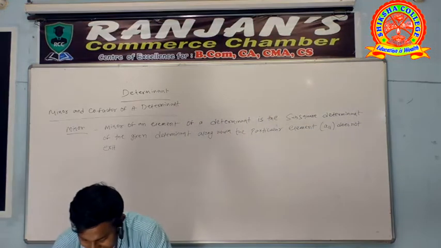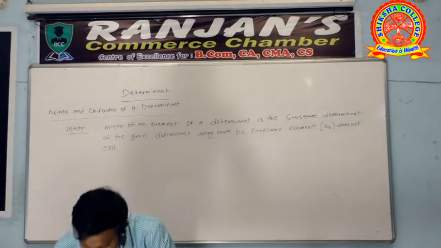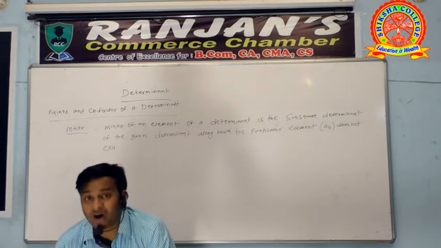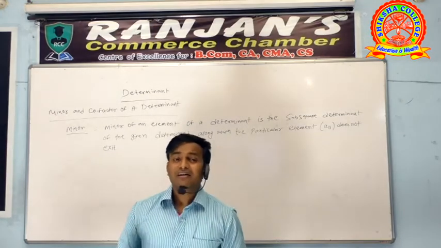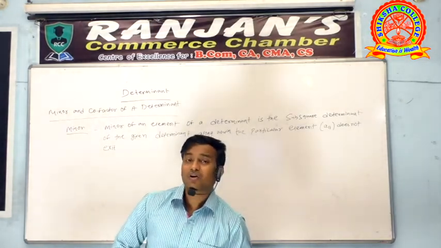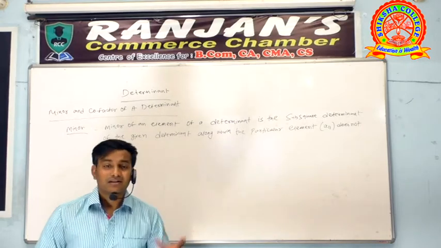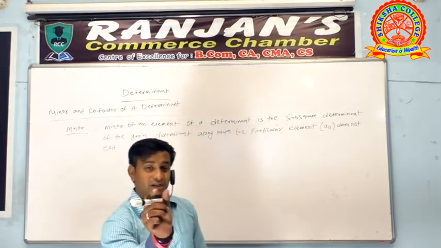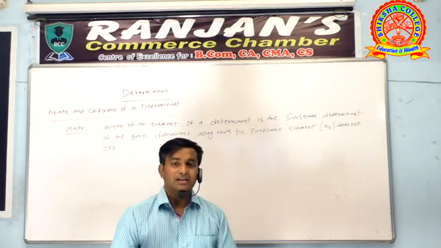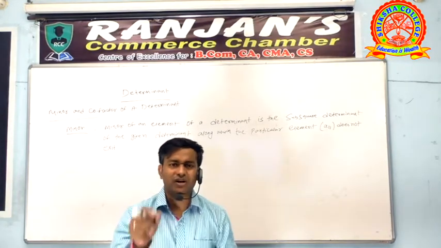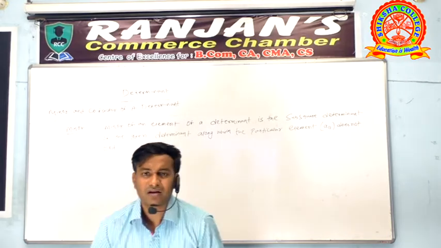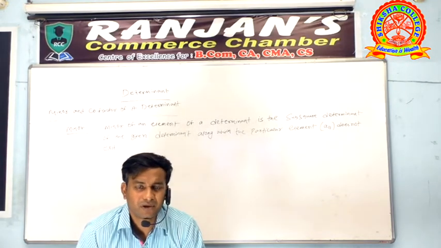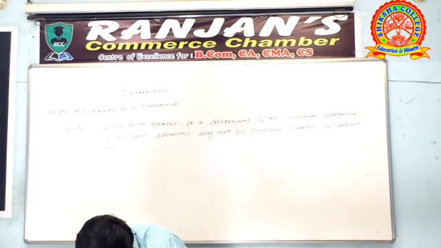Now minor is the subsquare determinant of the same determinant, considering the values in which the factor whose minor we find does not exist. That means deleting the row and column containing that factor, and out of the remaining values we find the minor. Okay, clear?